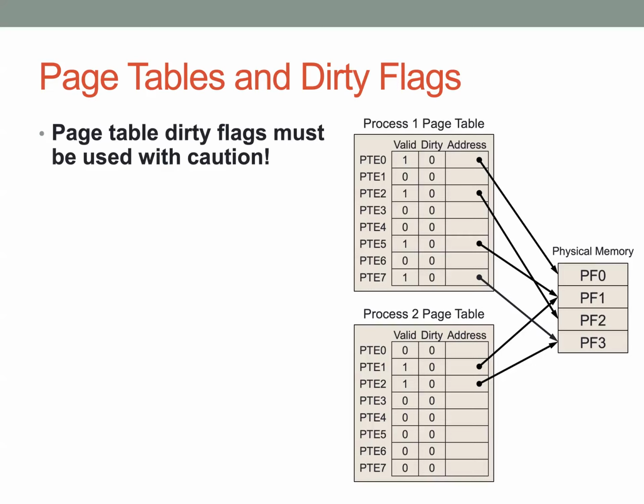But anyway, look at the dirty flag, because I want you to think about when a process writes to a page: the dirty bit is set by the MMU for the actual virtual page that was accessed. So in this case, when we have two page table entries referencing the same physical page frame, it's only the process that actually does the write that knows that the page is now dirty.